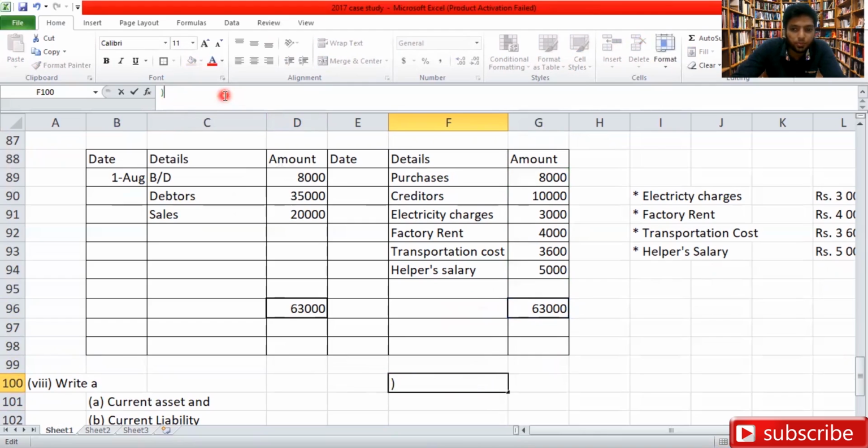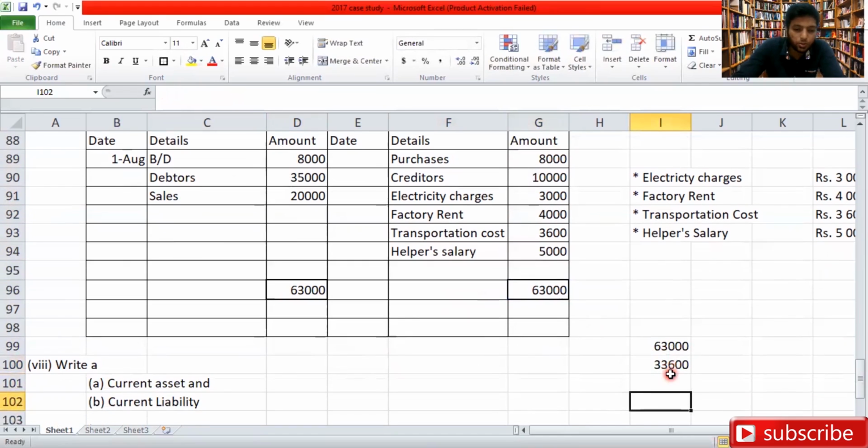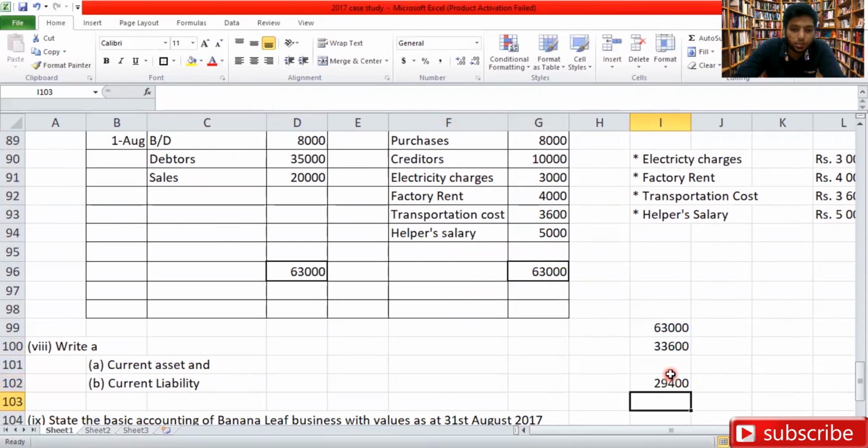Anyway, I'll go in this way. You got 8,000, 10,000, 4,000, 33,600. You had 63,000. So you deduct 33,600 from 63,000 and got 29,400. That is your carried down balance. This is your final balance of cash flow.